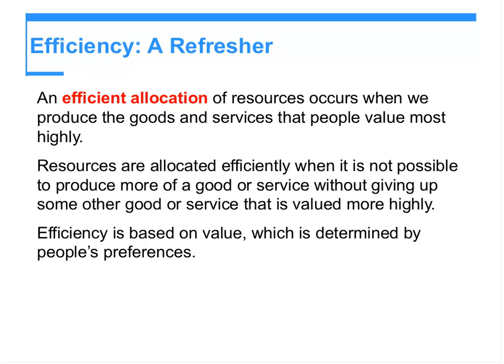So if we, as you can see here, produce the goods and services that people value most highly, we're actually efficiently allocating our resources. The resources are allocated efficiently when it is not possible to produce more of a good or service without giving up some other goods or services that valued more highly.